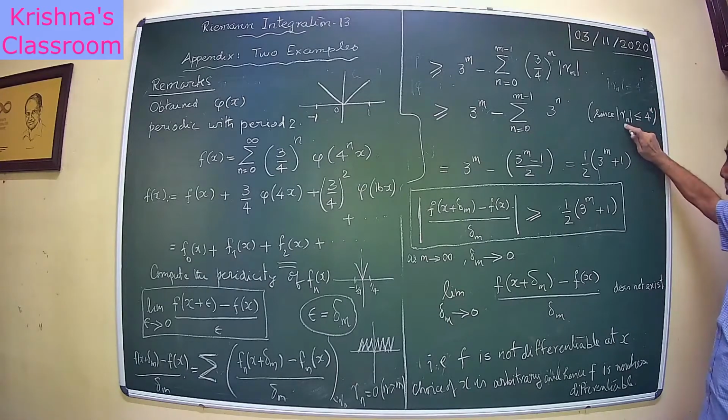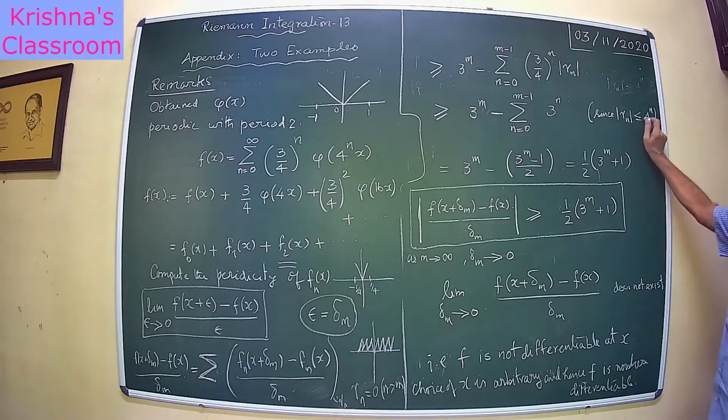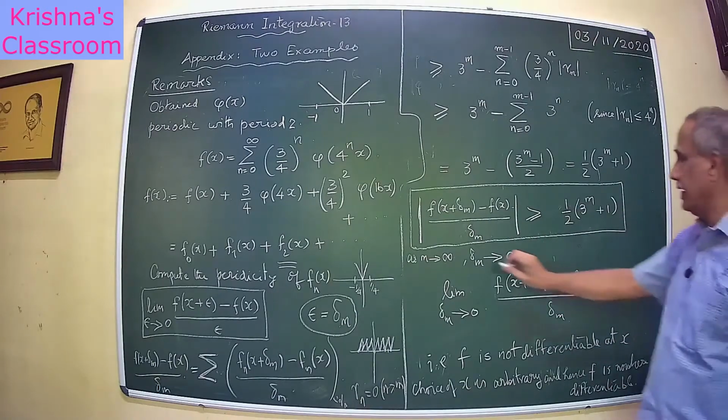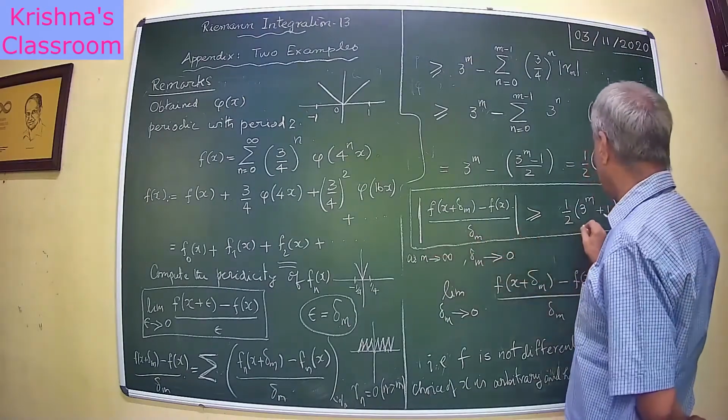In fact, mod gamma m equal to 4 to the power m. So we make use of that and then get the estimate of this. So we get an estimate of this, worked out to be this.